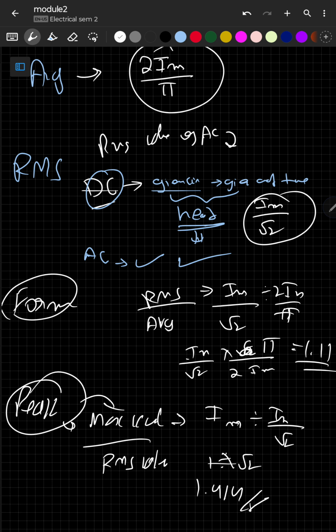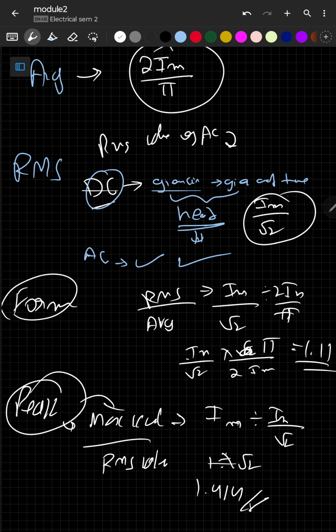So what did I say first? Average value is the arithmetical average of all the values of an alternating waveform in one cycle, 2 Im by pi. Next, RMS value of an alternating waveform is given by the DC current which, when flowing through a given circuit for a given amount of time, produces the same heat as the alternating current.